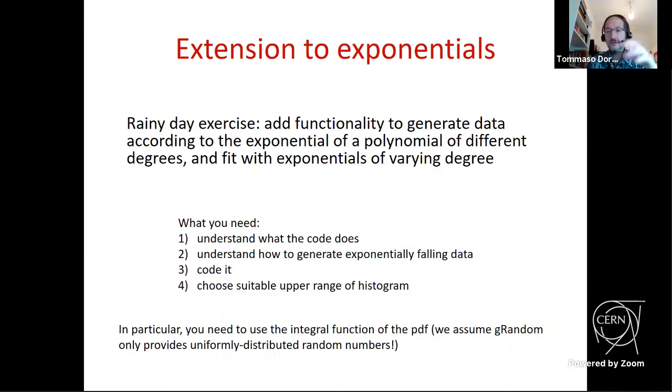You can have 0 parameters, 1, 2, 3, and so an exponential of a polynomial series: alpha 0 plus alpha 1 times x plus alpha 2 times x squared plus alpha 3 times x cubed, and so on. As you increase the number of parameters, you get more flexibility for these exponential models. And you can try with exponential models to see if you can fit data that are drawn from more complex functions. And you can have fun and add functionality to this macro.